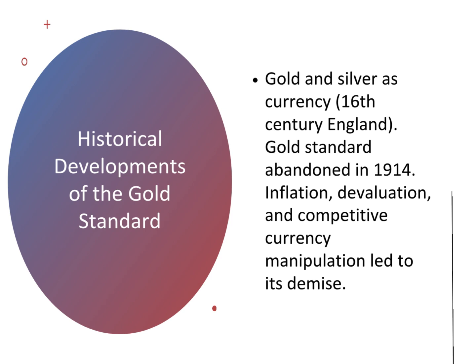One key factor I might add in the demise of the gold standard was competitive currency manipulations by countries trying to gain economic advantages. This ultimately undermined the system's reliability.